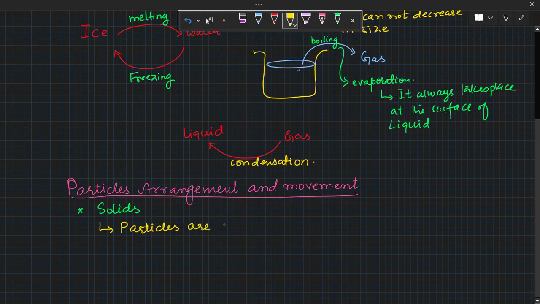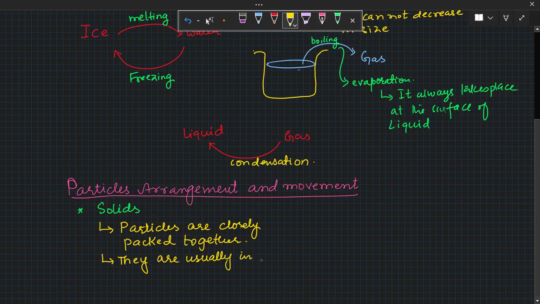Particles are closely packed together, and they are usually in a regular pattern, right?